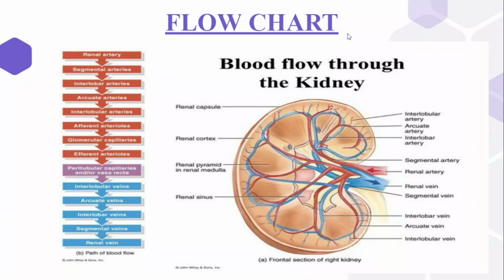Now we are going to discuss the flow chart of your kidney blood supply, right? Now you can easily see the renal artery. It comes from the abdominal aorta, right? It is a branch of the abdominal aorta. The renal artery enters the kidney and is converted into segmental arteries, right?